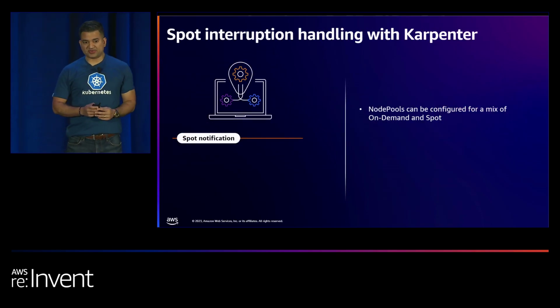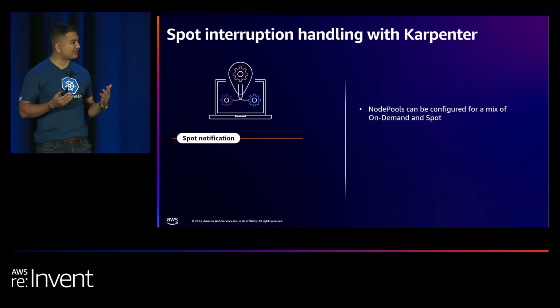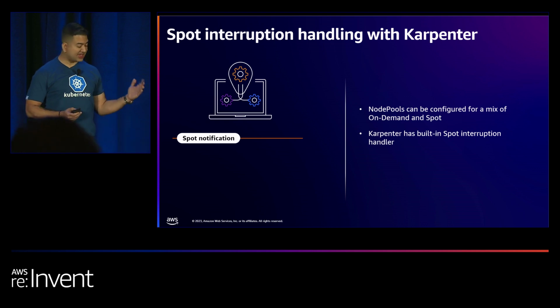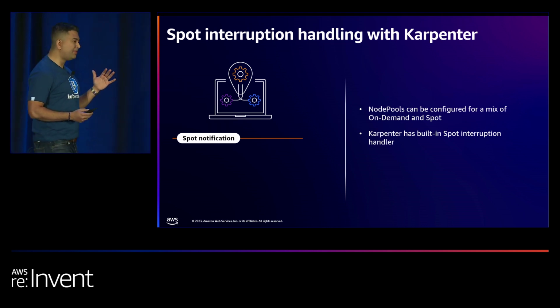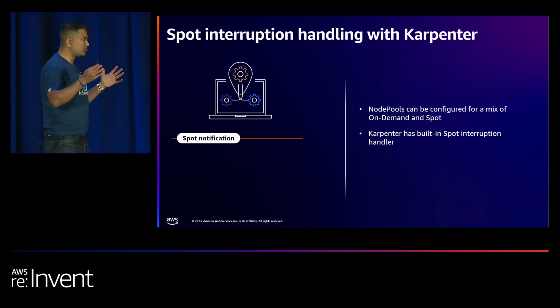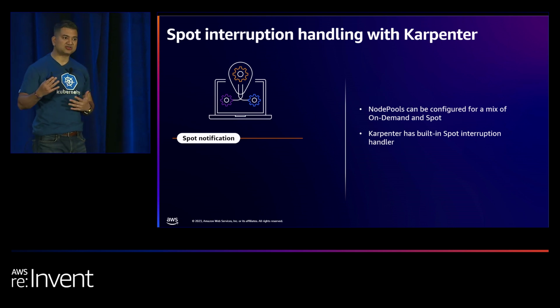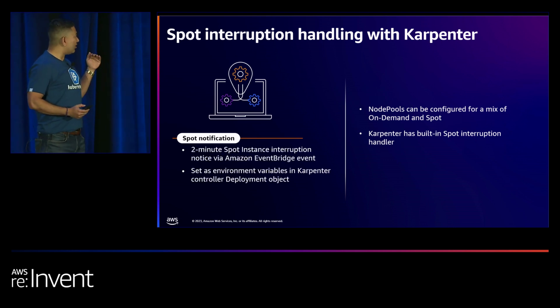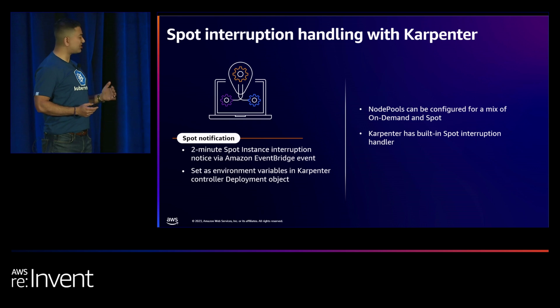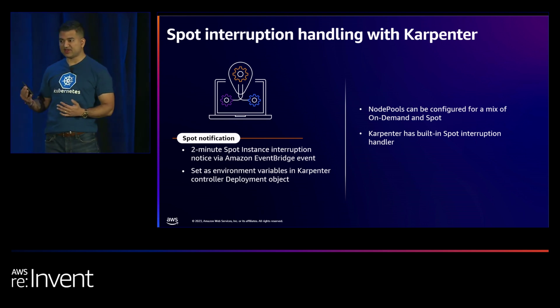Spot interruption. Spot's awesome. Node pools can be configured for a mix of on-demand and spot, but here's the kicker. Karpenter has a built-in spot interruption handler. You do not need to trap the spot interruption and use a bunch of other additional software. Karpenter tracks the interruption notice via an Amazon EventBridge event, and when you install Karpenter, you can give the name of this EventBridge.